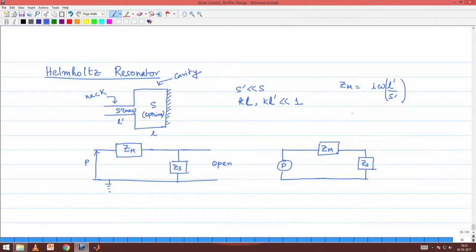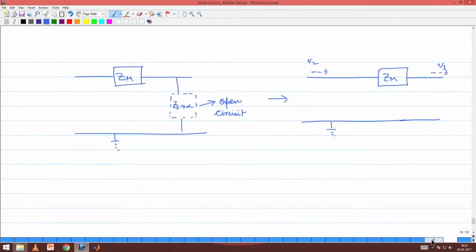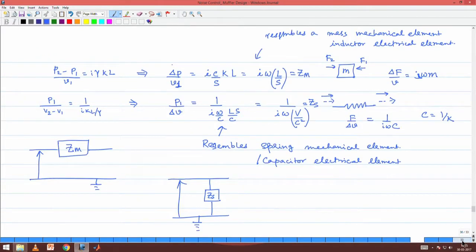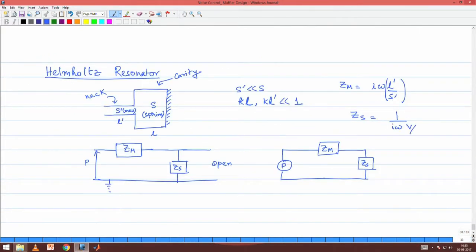And what is Zs? Zs is 1 by i omega V by c squared, where V is S times L. So, what is the total impedance of the circuit?